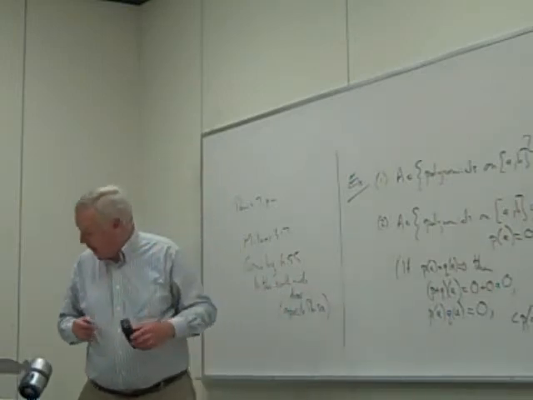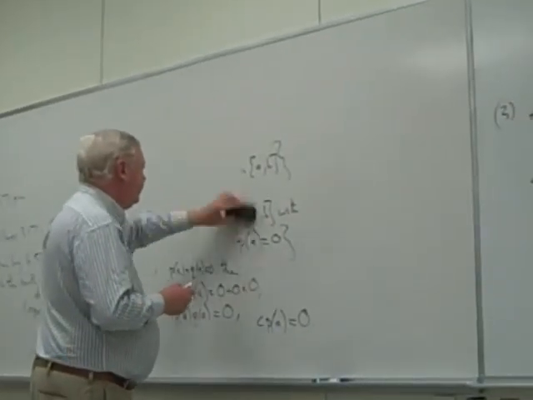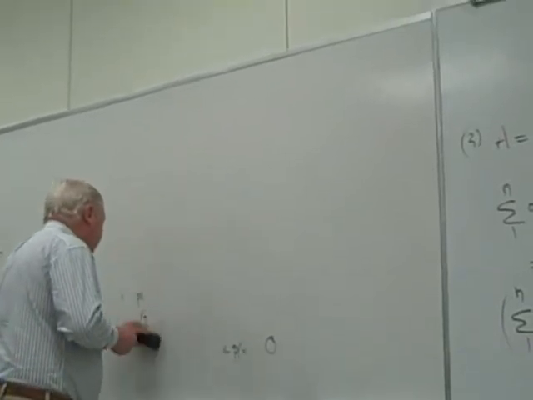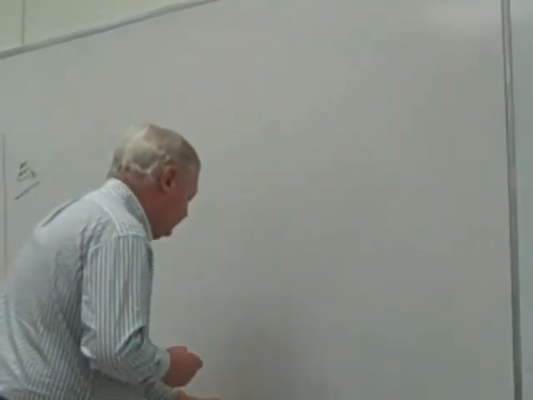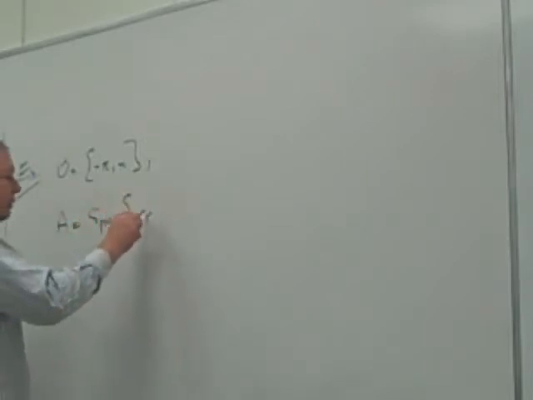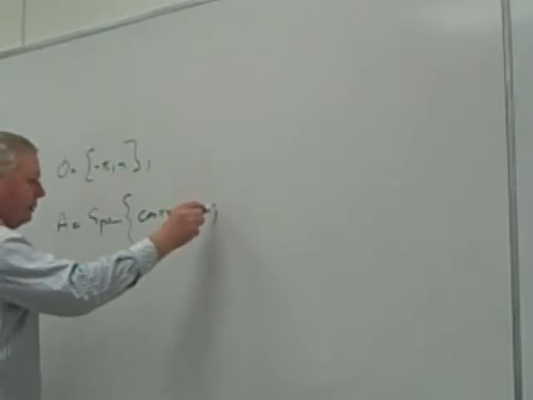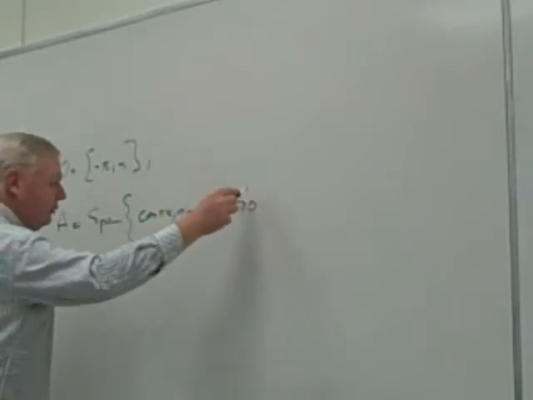Okay, and the last example for today. On [negative pi, pi], A is going to be the span of the functions cosine nx and sine nx for n greater than or equal to 0.